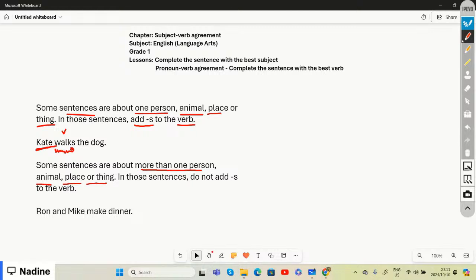And when our sentence is about more than one person, animal, place, or thing, then in those sentences, we do not add an s to the verb.